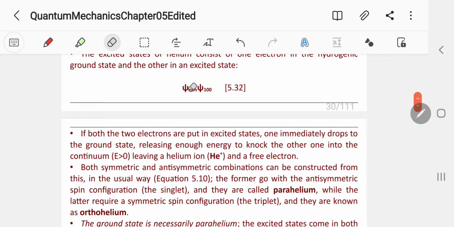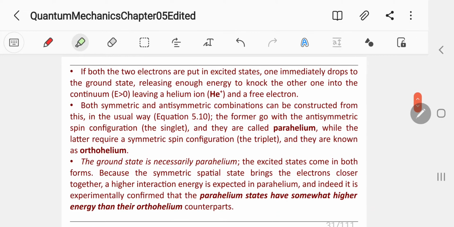So when one of the electrons drops to the ground state, it will release enough energy to knock off the other one into the continuum, that is energy greater than 0, and that electron would be ejected from the atom, and so you will only have one electron left, such that you will now have a helium ion, and then you have a free electron.